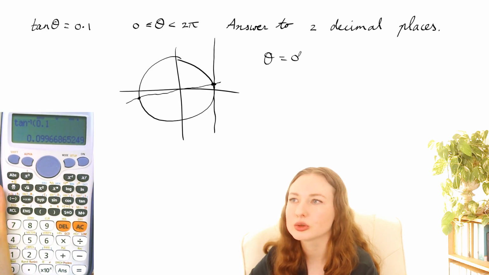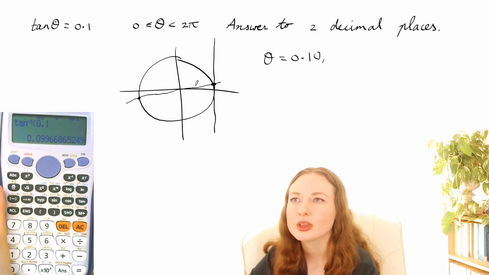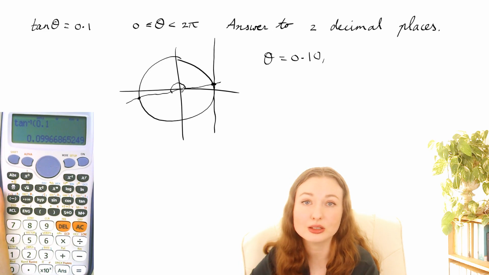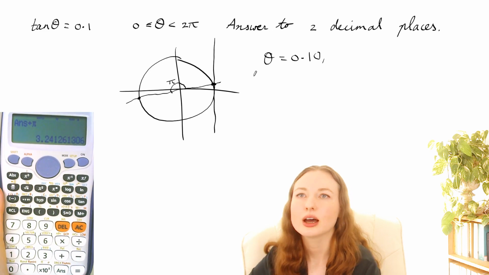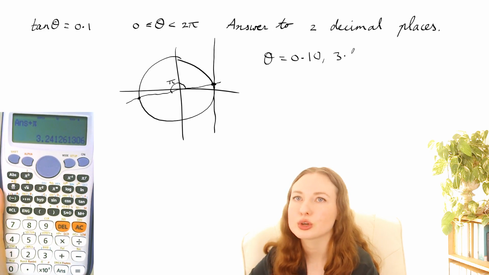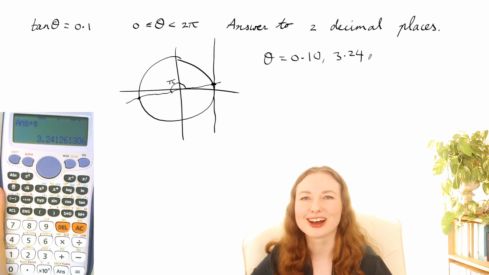Let's say theta equals 0.10 would be the first solution. And then to work out this one, because this angle here is 180 degrees, or pi, if we're working in radians, what you can do is just add pi to that answer, and that will give you 3.24. So that's how you answer that one.